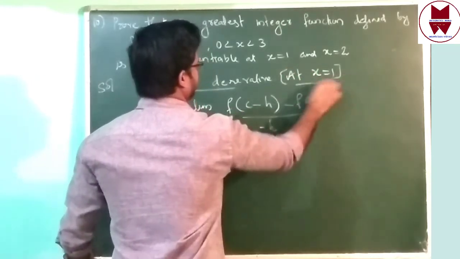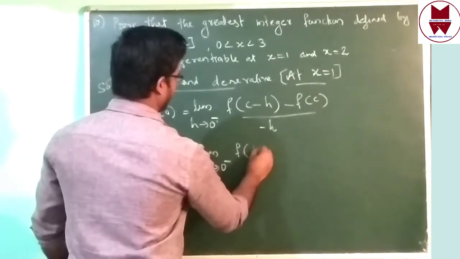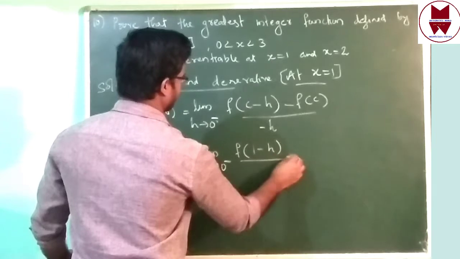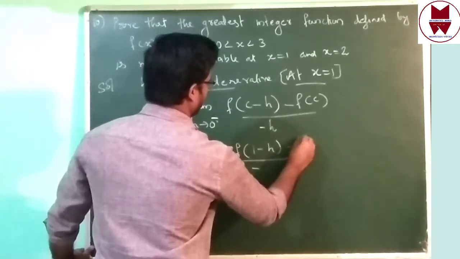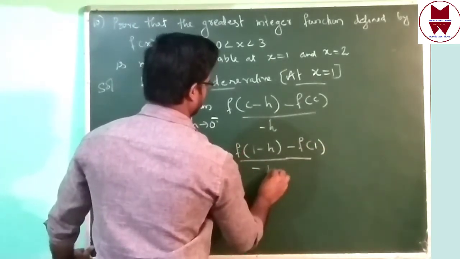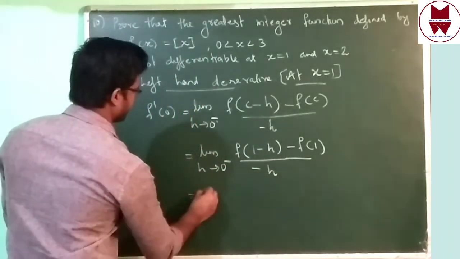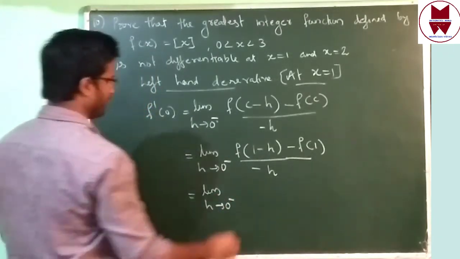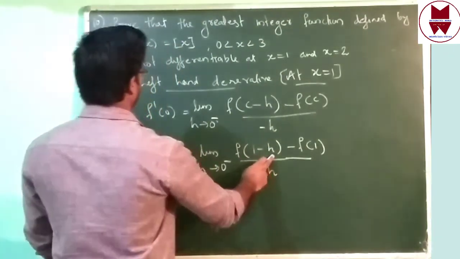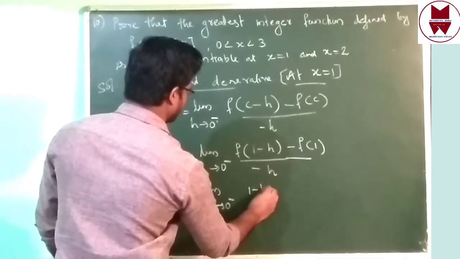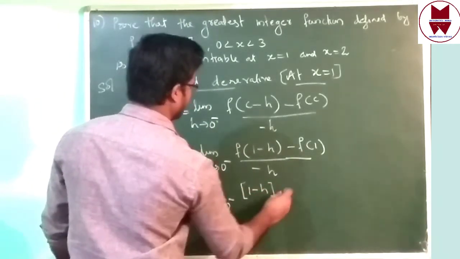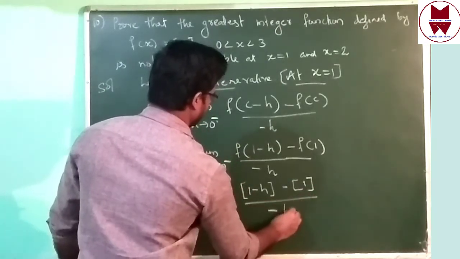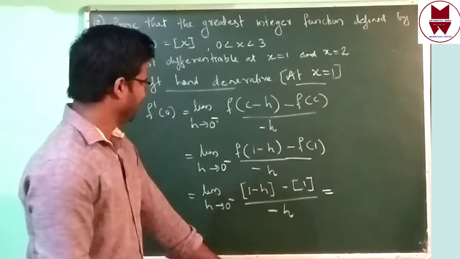At x = 1, we can write limit h→0⁻ of [f(1 − h) − f(1)] / (−h), so the numerator is the greatest integer of 1 − h minus the greatest integer of 1.